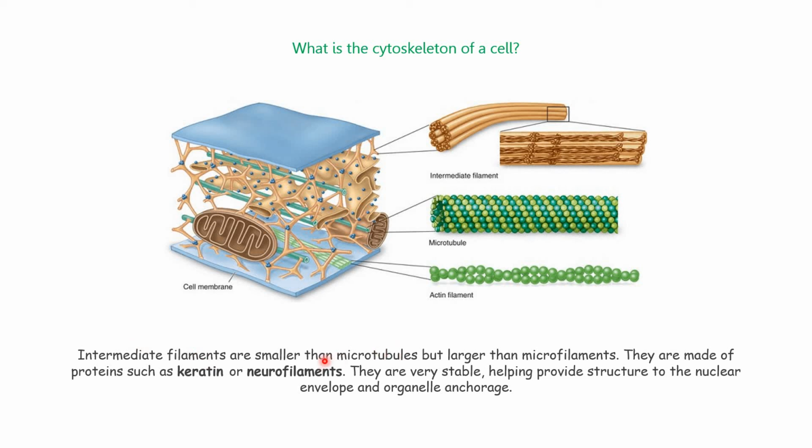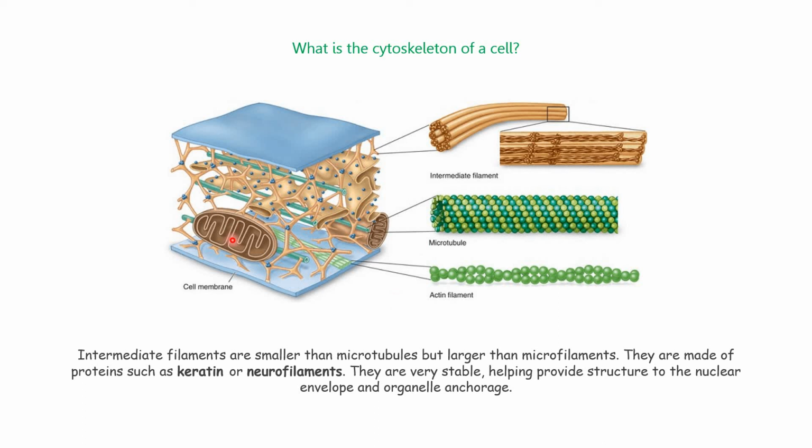Intermediate filaments naman are smaller than microtubules, but they are larger than microfilaments. So they are made of proteins such as keratin or neurofilaments. They are very stable. They help provide structure to the nuclear envelope the way the others are doing too, and even cell anchorage.